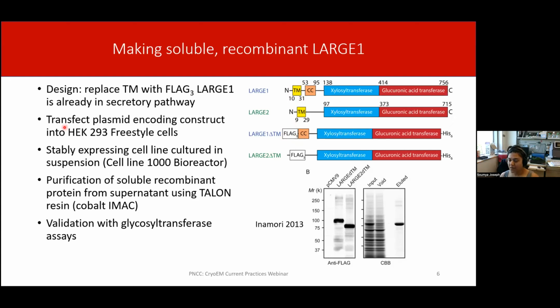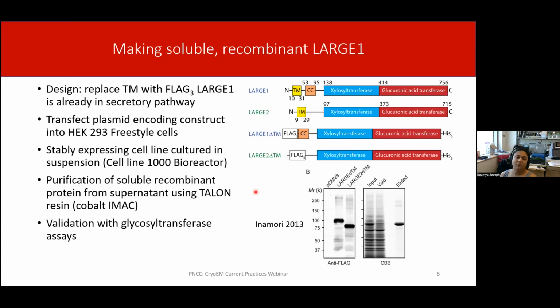And so we transfected a plasmid encoding LARGE1 delta TM into HEK293F cells. And these cells were cultured in suspension in a bioreactor. And essentially, we just purified the soluble recombinant protein from the cell media.